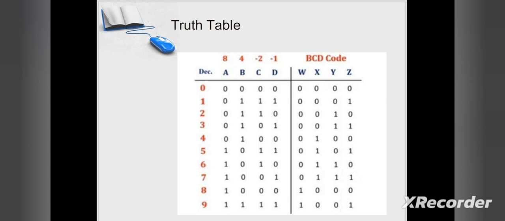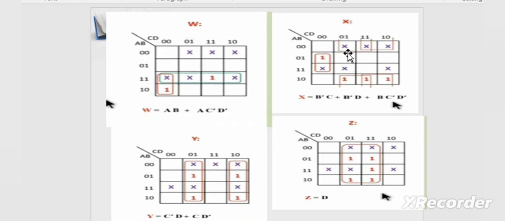Similarly, we find this for all decimal numbers. This is how the 8 4 -2 -1 to BCD code converter works, explained using the truth table. On the basis of the truth table, we find the don't care terms, represented by a cross.